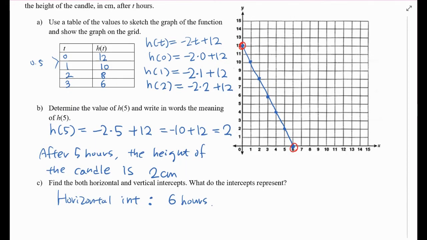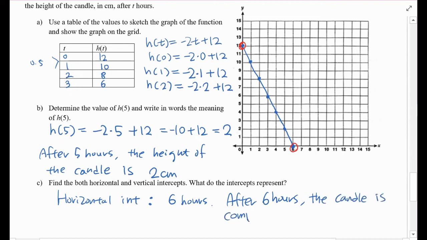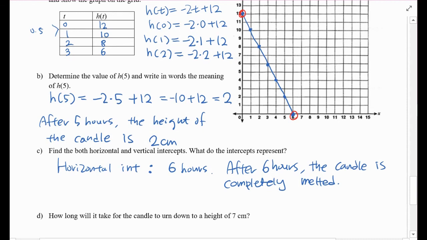This means after 6 hours, the candle is completely melted. Okay, vertical intercept, which is 12 centimeters. This is the initial height of the candle.